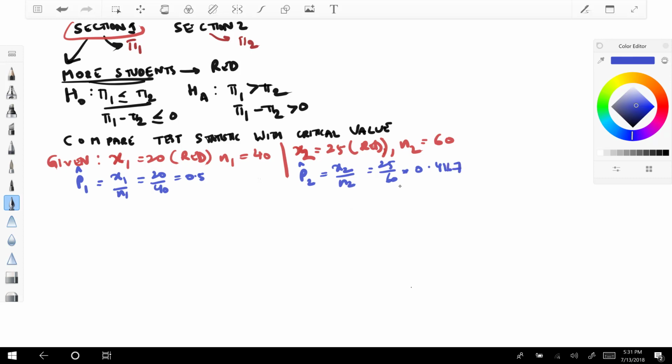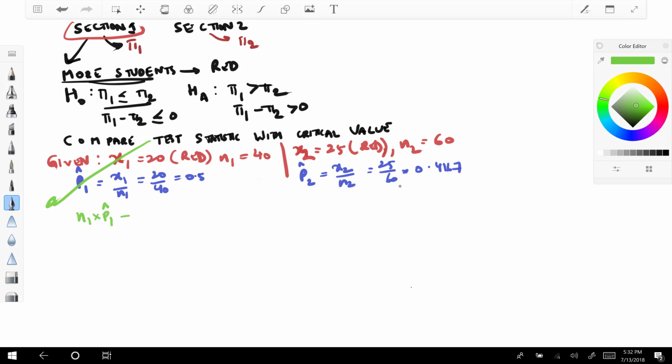So to apply z stat, as we discussed, we need to check whether the sample is large enough. To check the first one, I will do n1 multiplied by p1 hat.